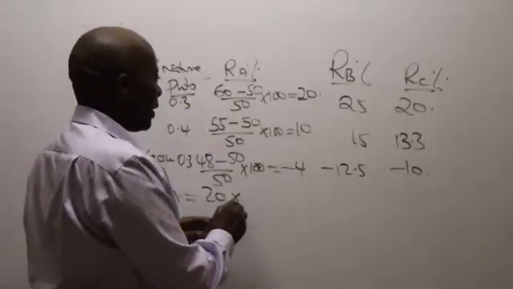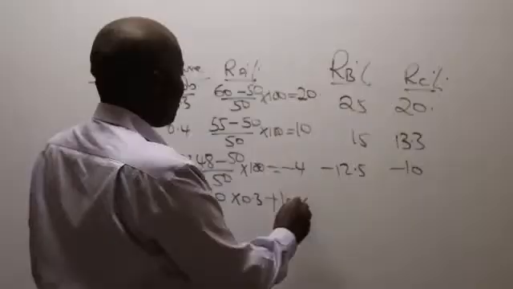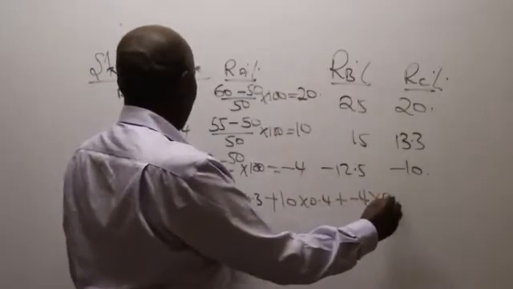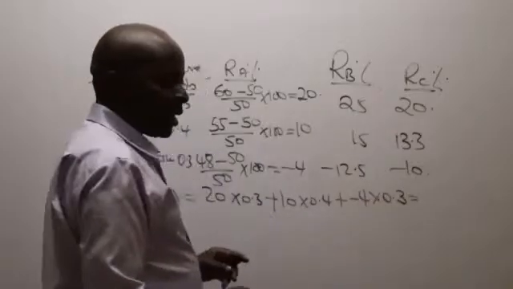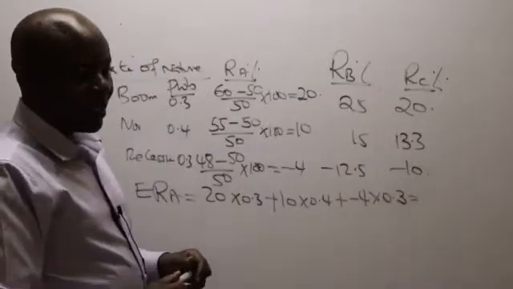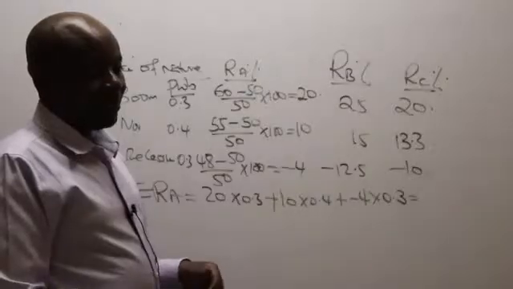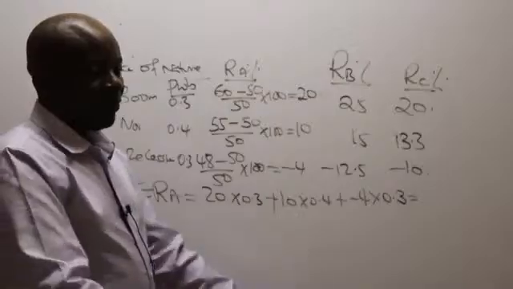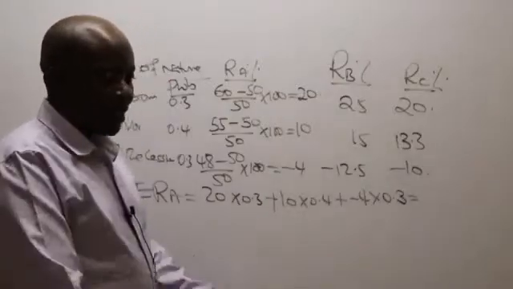So we have 20 times 0.3 plus 10 times 0.4 plus minus 4 times 0.3. Please give me the expected return of A very fast. I don't have time today, really.